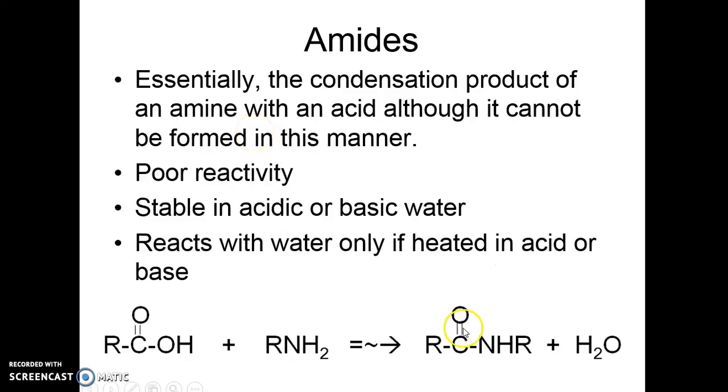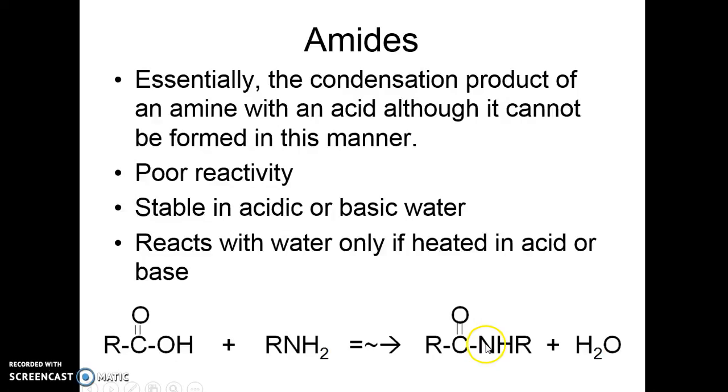Amides, this group of atoms right here are very planar. In fact, the carbon is trigonal planar, and the nitrogen, even though it has a non-bonding pair, is also trigonal planar. And that's because the non-bonding pair is in conjugation with the carbonyl.